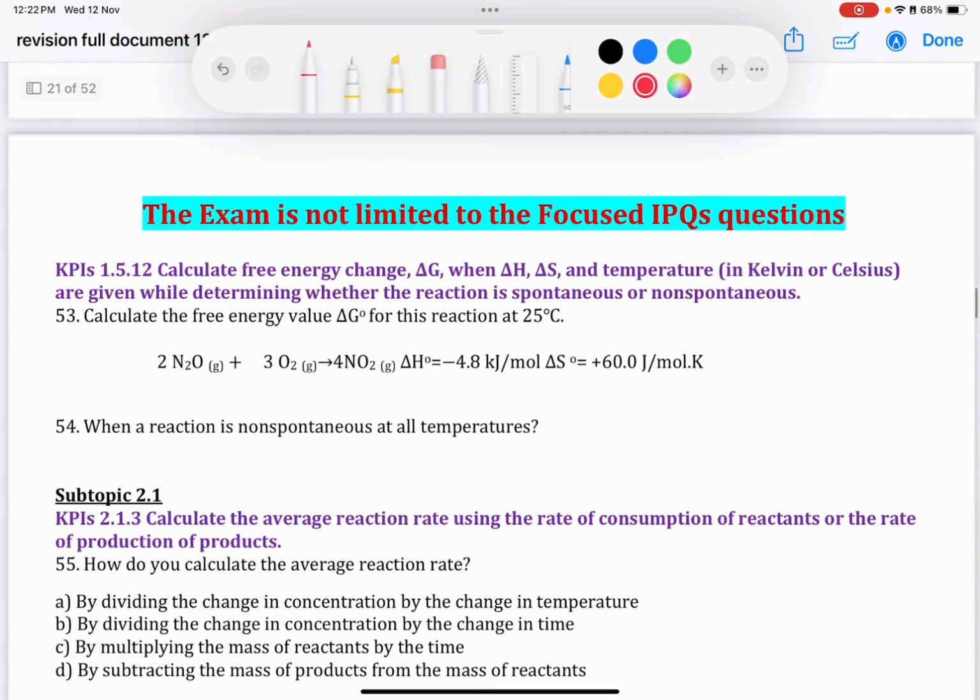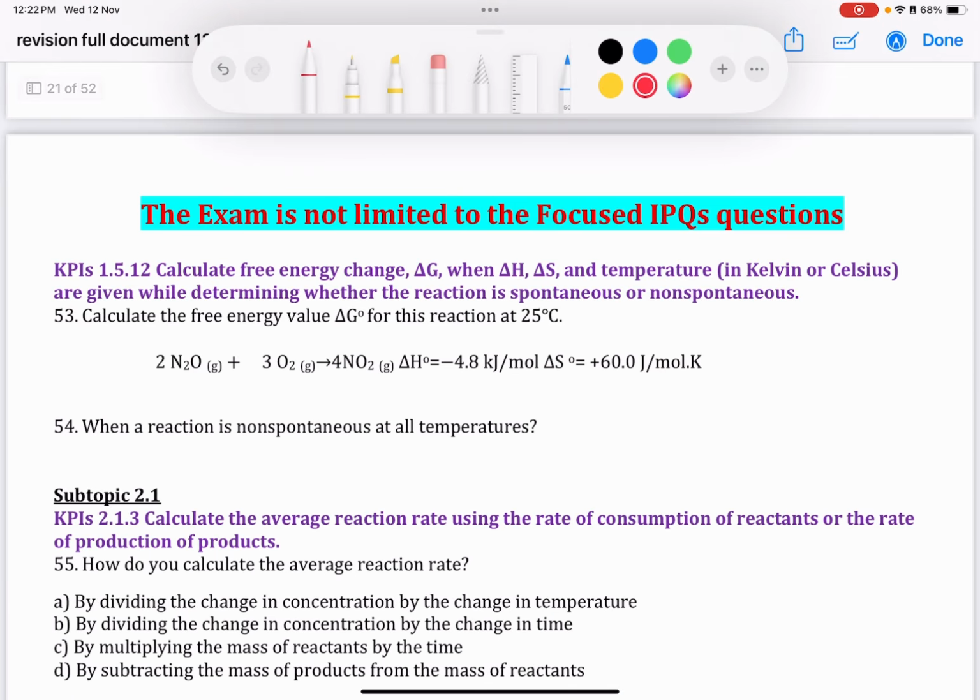Now, the last question in this topic, 1.5, calculate the free energy delta G if this reaction is at 25 degrees Celsius. We look here, the delta H is given to us, and the delta S is given.